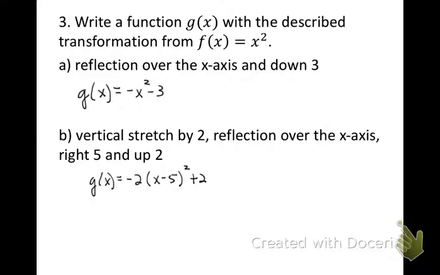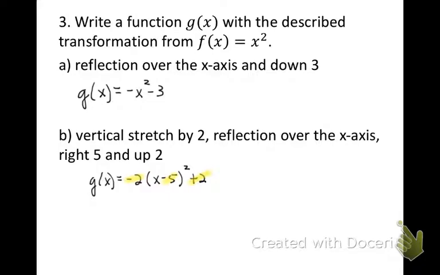And for B, you want a vertical stretch by 2, so you'll want to have an A value of 2, a reflection over the x-axis, so I'll highlight these. So we've got a -2, and then a shift that's to the right 5, so that means you're going to subtract 5 for your H value, and then shift up 2, so a K value of 2.